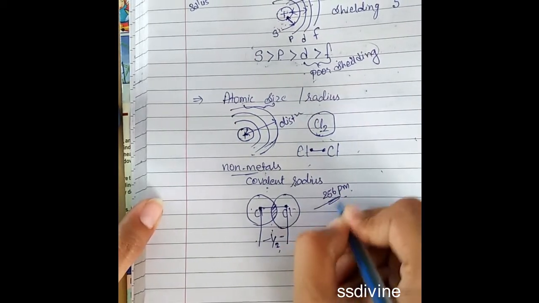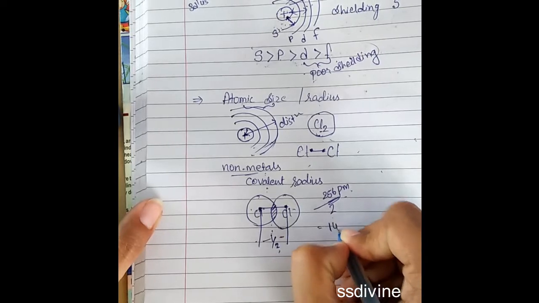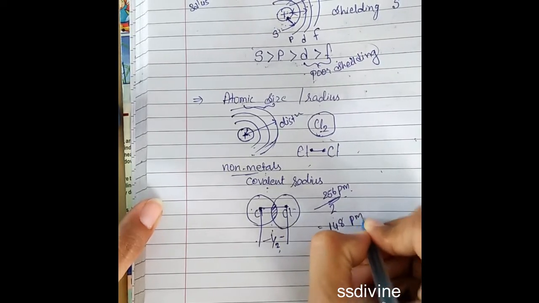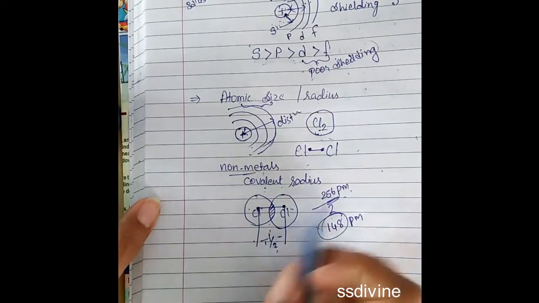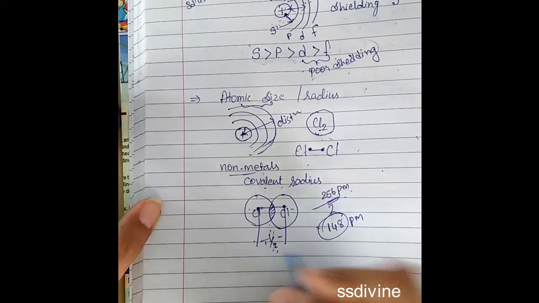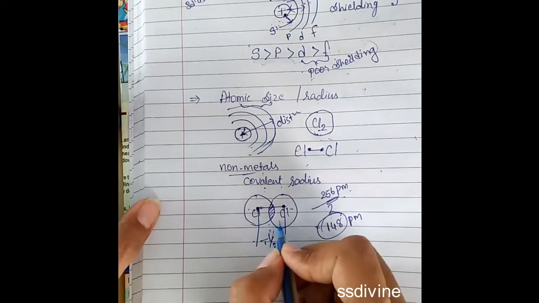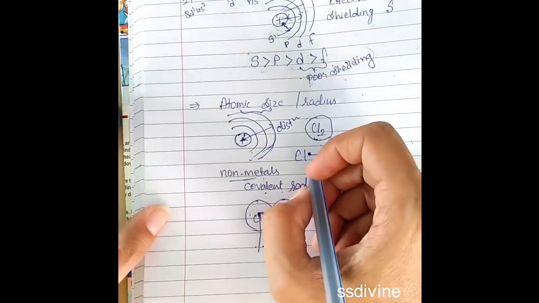The radius will be just half of it, divided by 2, so it will be 148 picometer. So this is how we can calculate the covalent radius. So covalent radius is nothing but the distance between two atoms and taking average of that radius. Clear?